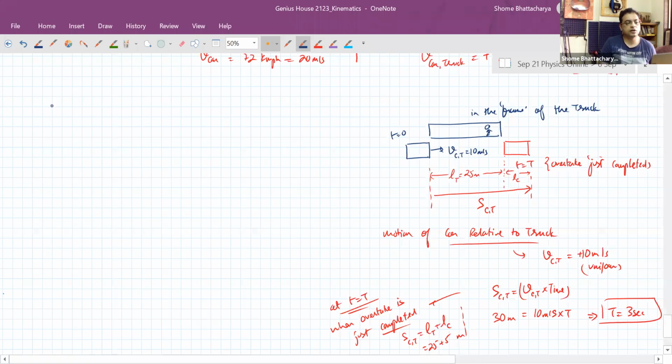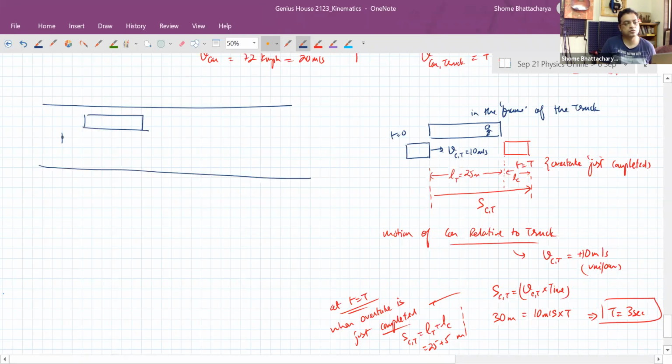You can also solve it from the ground frame point of view, which will also explain the third part in more detail to you. So if you're in the ground frame, this is where you see them at t equal to 0. And after some time, you see them like this.